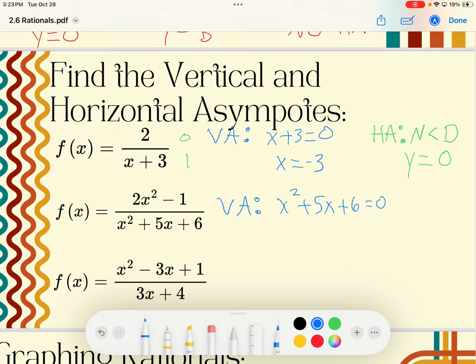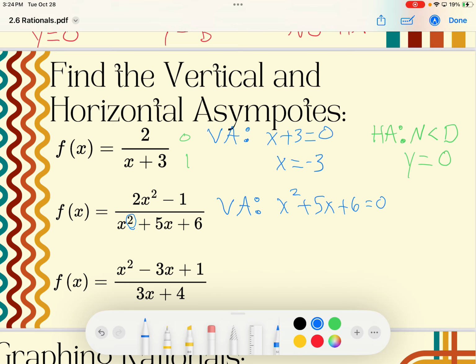What's the degree? Squared, right? And I have 3 terms. So we have a quadratic trinomial. So what do we do with that to solve? That we've looked at all year long. Factor it. So what multiplies together to give us 6, that adds together to give us 5?